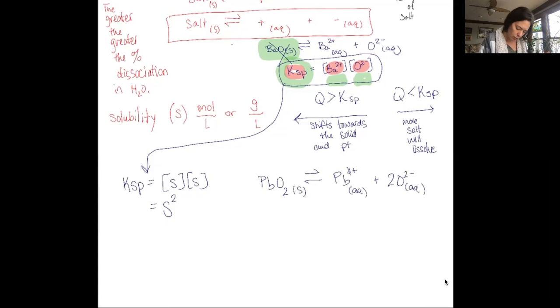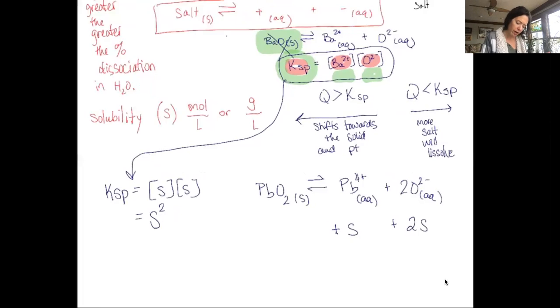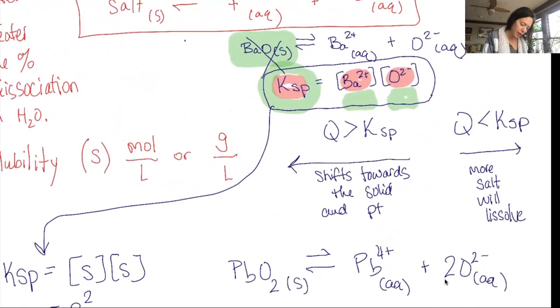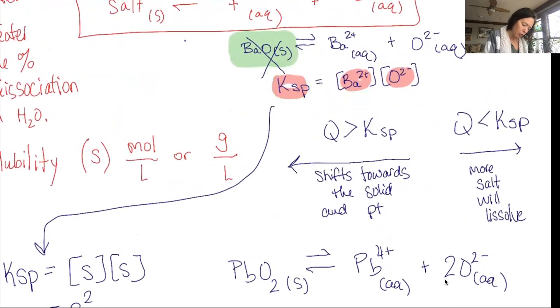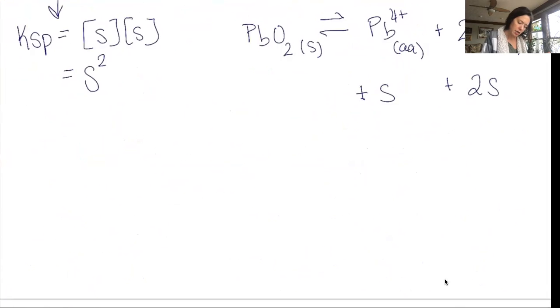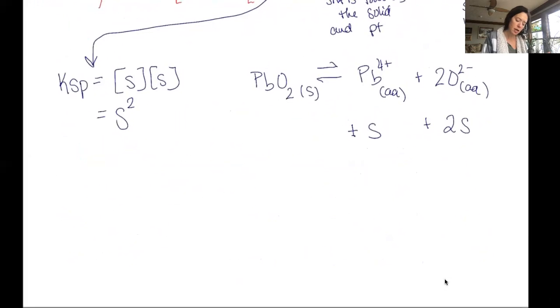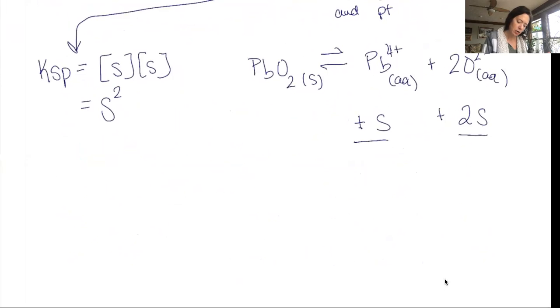When this dissolves, won't it be plus S, plus 2S? Let me clarify that up here and do the same thing for my barium oxide. When it dissolves, won't it be plus S, plus S in your ICE chart? So down here, I want you to notice that I have an S and a 2S.